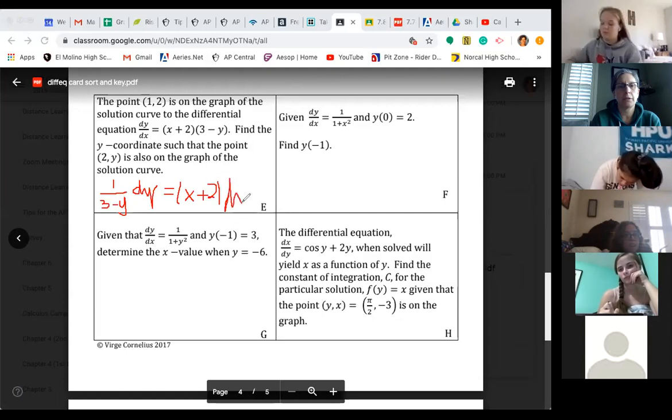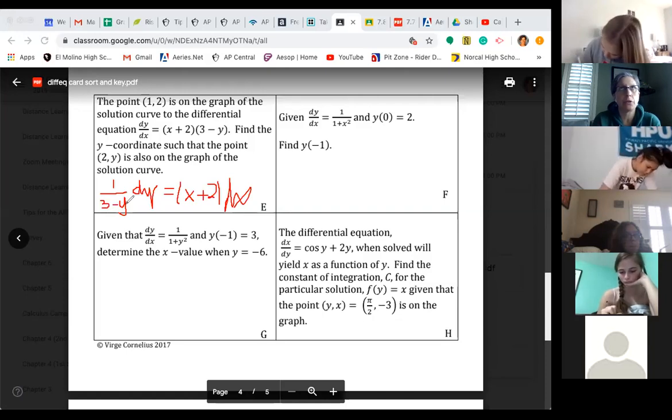Okay, so then you integrate both sides. This right here is like 3 minus y to the negative 1. If you treated that like we did one of the other ones, with a u substitution and added 1 to the exponent, it's not going to work.